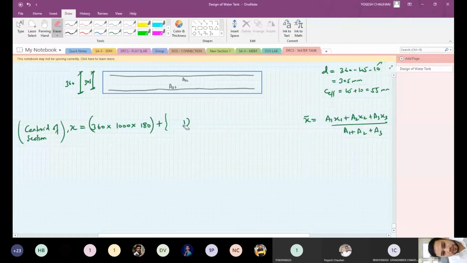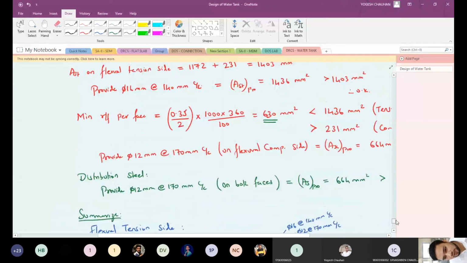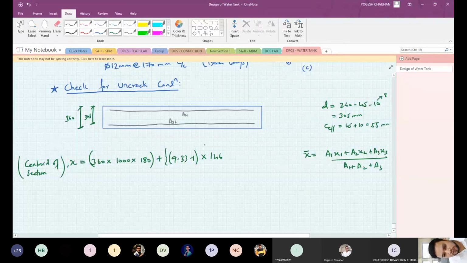So modular ratio for M30 grade is 9.33, minus 1, times the area of the steel, that is 1436, and the distance of this from this face is 305. So multiply by 305, then this distance is the effective cover, that is 55.